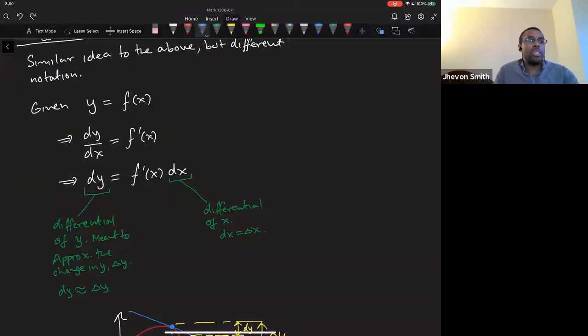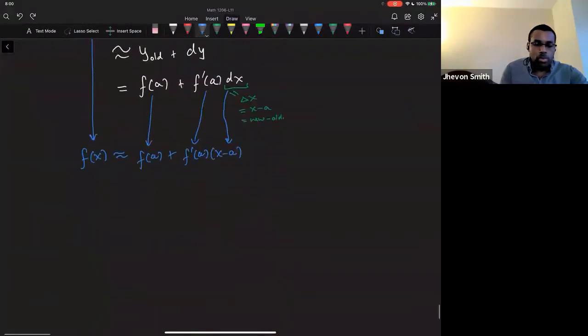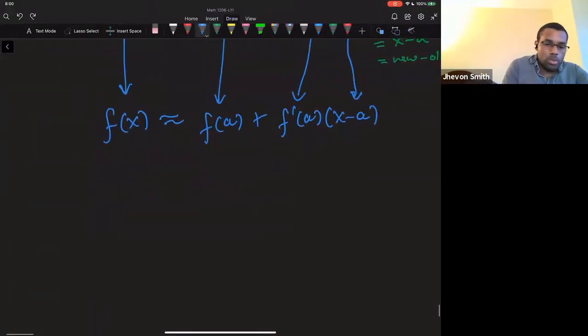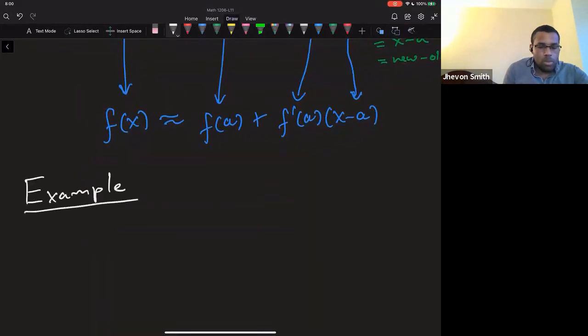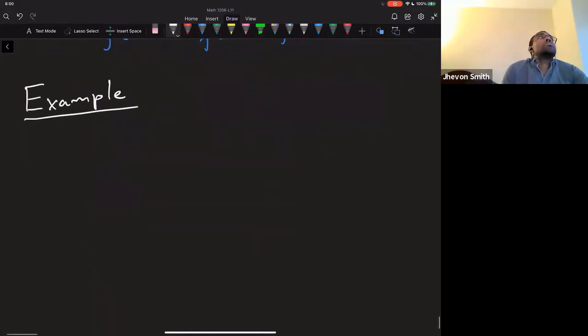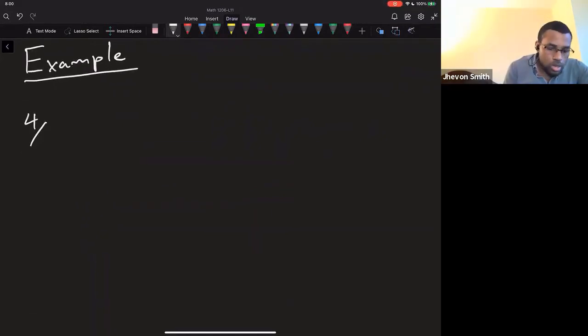So with that idea, you can do certain word problems. So this is example 4. So here is one.